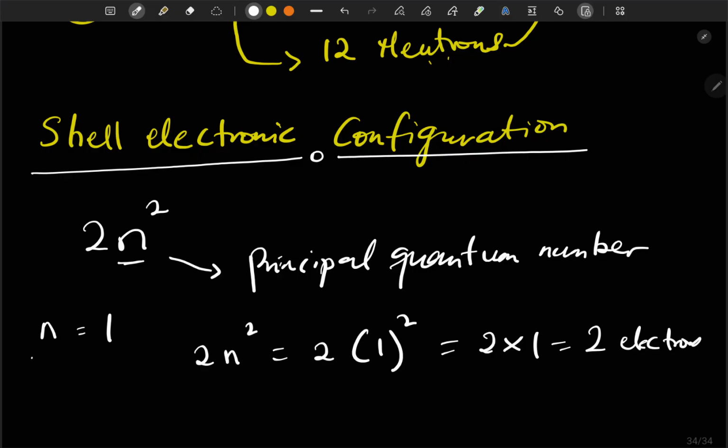Which means that for the first shell, the maximum number of electrons that can be present is 2 electrons. And this first shell is usually called the K shell.